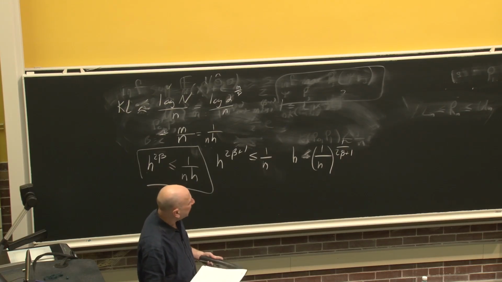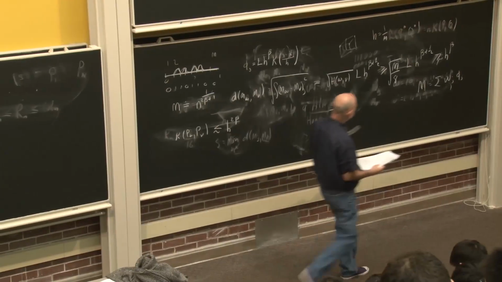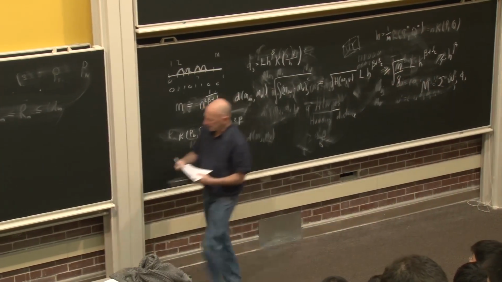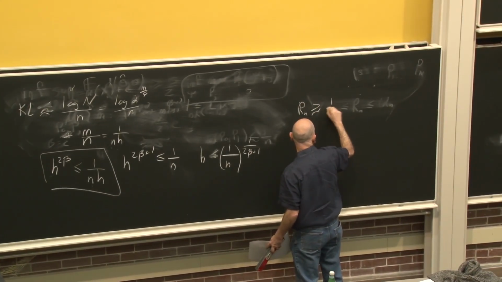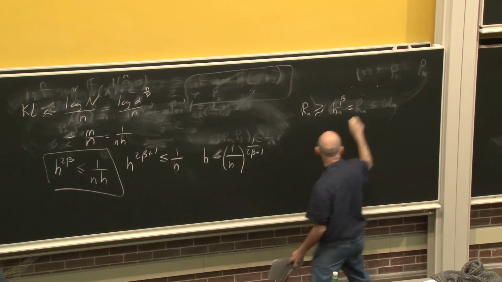And believe it or not, we're finally done, because what was the distance between any pair of these things? h to the beta. So the minimax risk is bigger than h to the beta, but we're forced to choose h to be this.